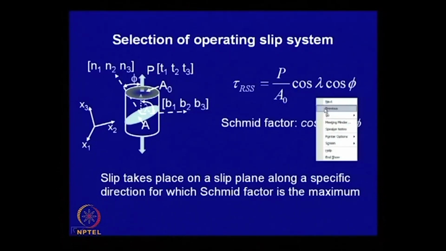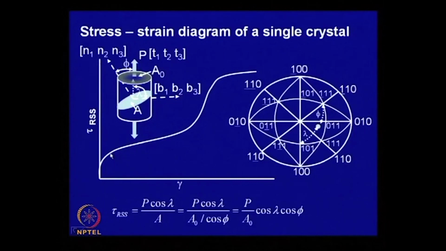So slip takes place only on one slip plane along a particular slip direction.